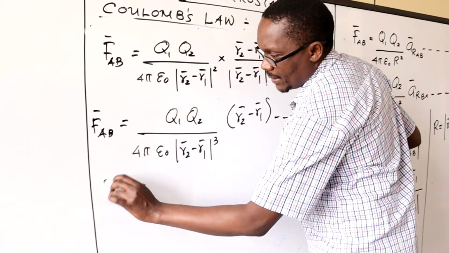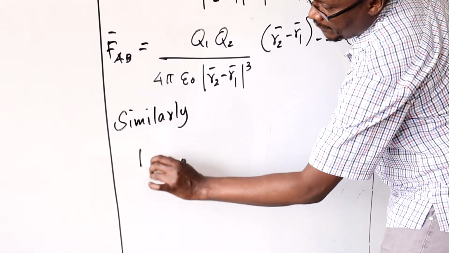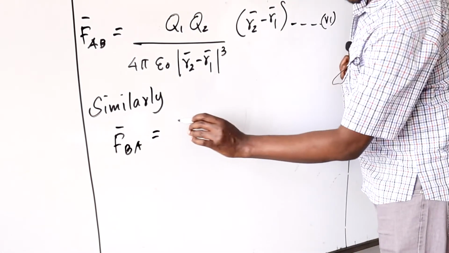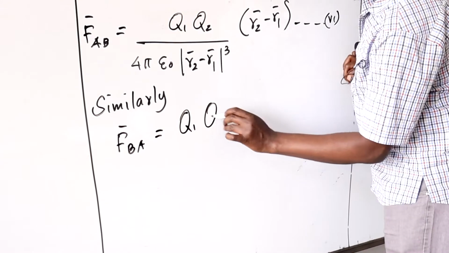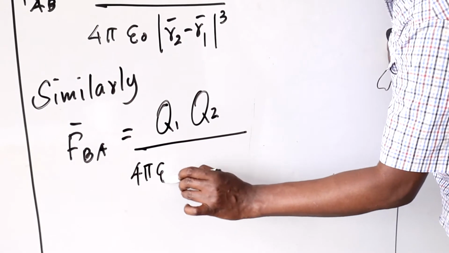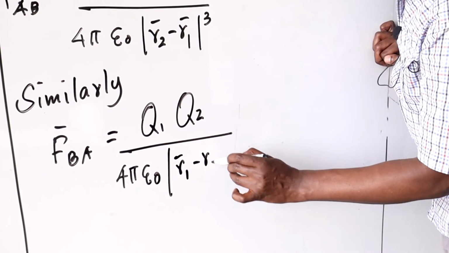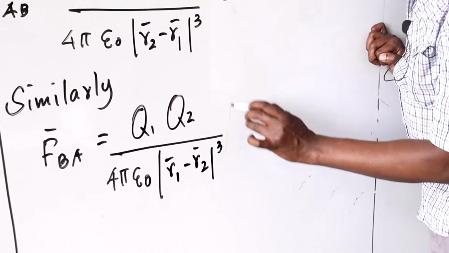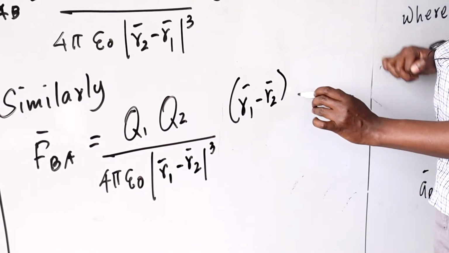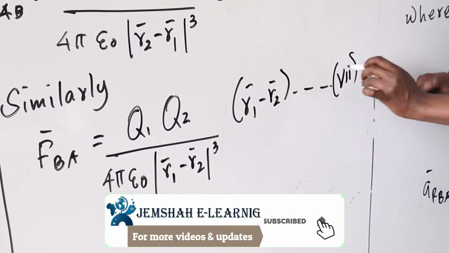Similarly, F_BA bar can be represented by Q1 Q2 all over 4 pi epsilon naught, the magnitude of R1 bar minus R2 bar cubed, into R1 bar minus R2 bar, and we have that as our equation number 7.